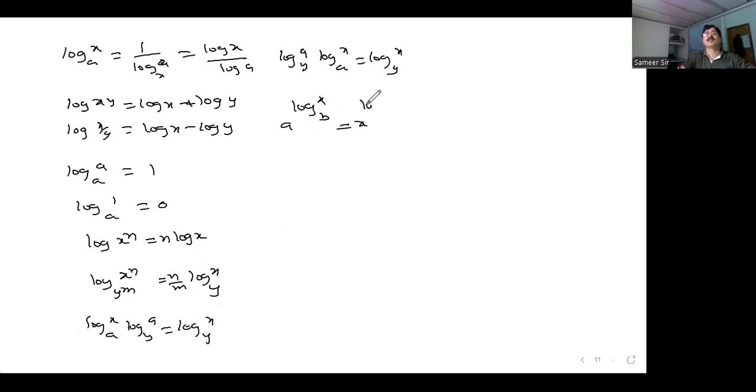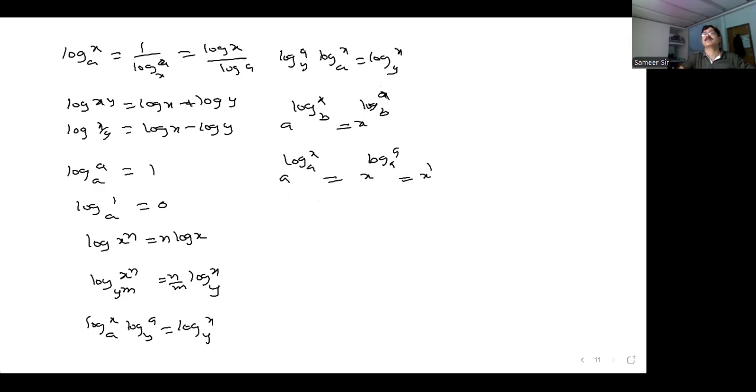So you can write like this, you can interchange these two, x to the power of log a base b you can write. Suppose if I write like this, a to the power of log x base a, then using that rule, log a base a, you can write here x to the power of 1. Okay, these are few formulas of logarithms now.